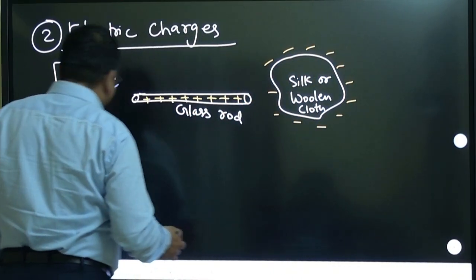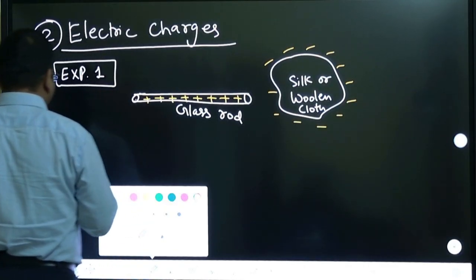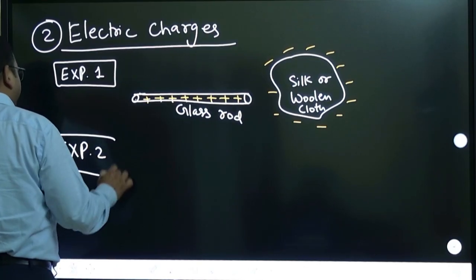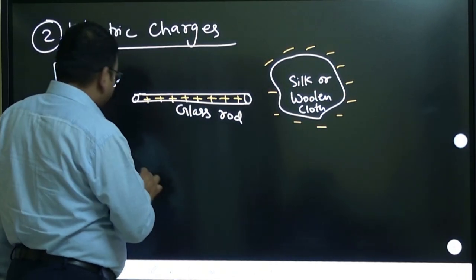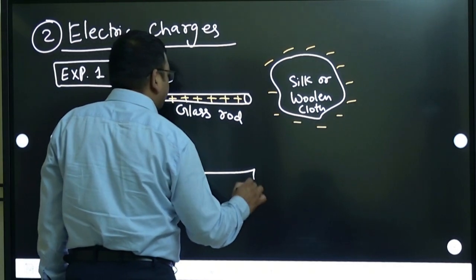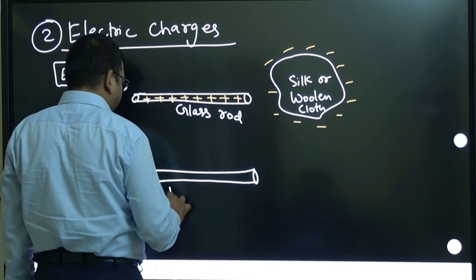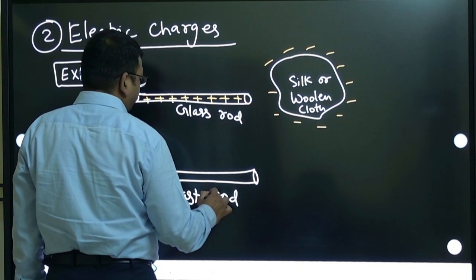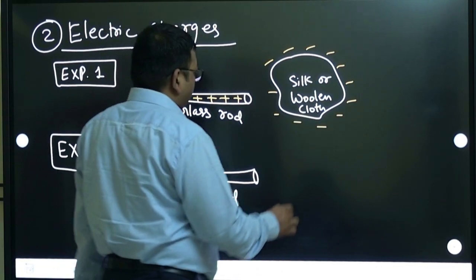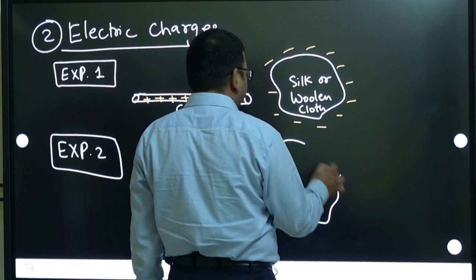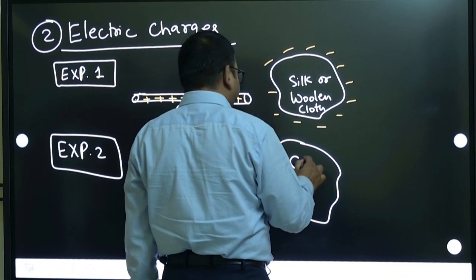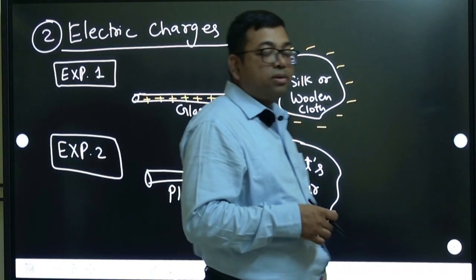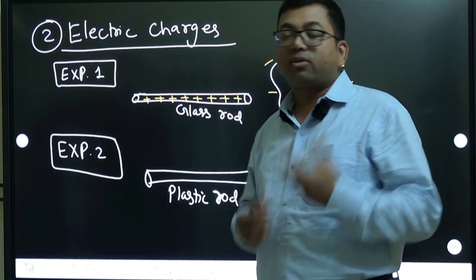Similarly, there was another set of experiments in which they repeated with different types of material. One material was taken as a plastic rod, and this time they have taken cat's fur, cat's hair, which is like a very soft cloth.